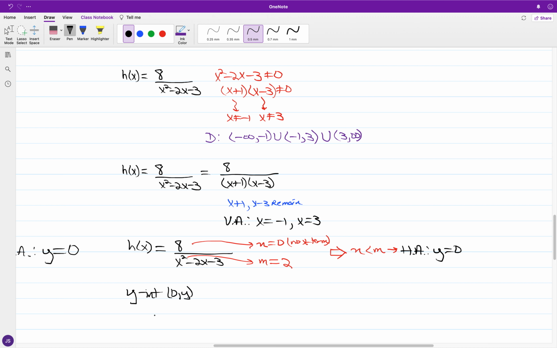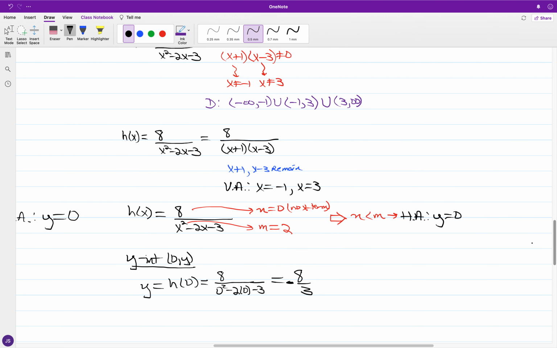Okay, so for the y-intercept, we have that y is equal to h of 0. And guess what? You're going to have 8 over what is going to be negative 3. So this will come down to negative 8/3.